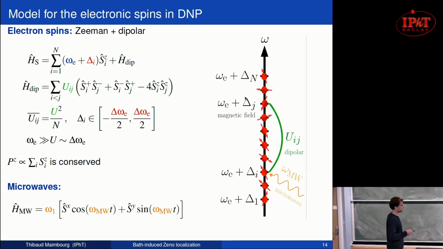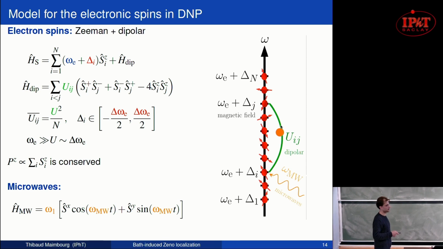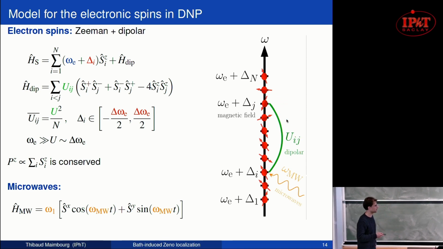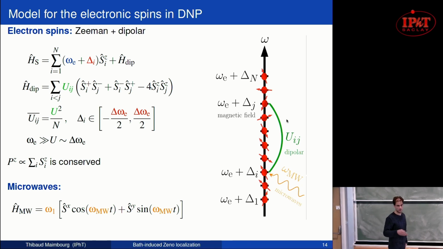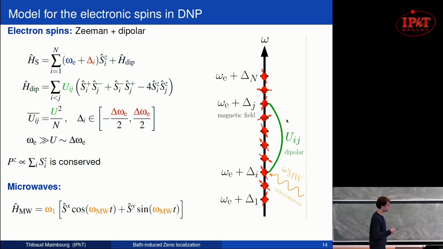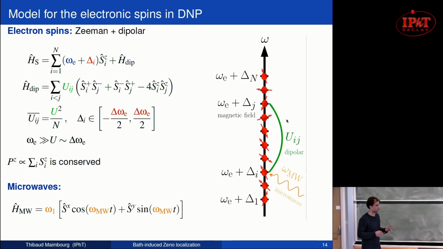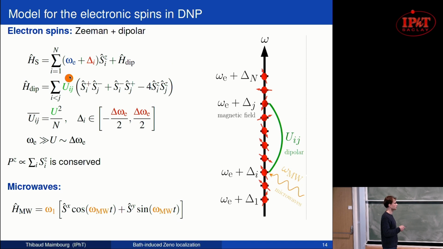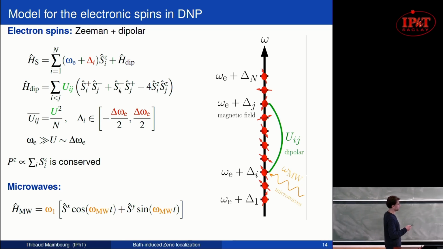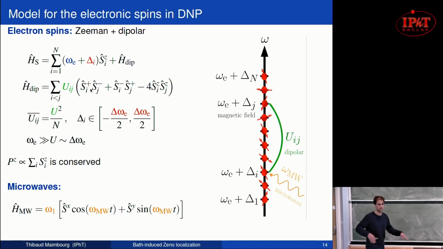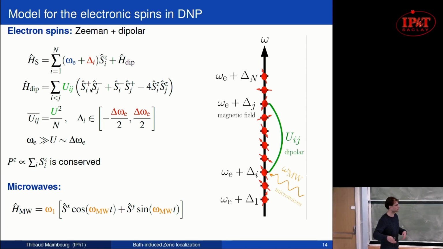And then on top of that, the electron spins interact with each other, otherwise there wouldn't be any thermalization, through dipolar interactions. When you have a strong magnetic field, it becomes of this form. So this is basically a spin flip Hamiltonian, and again, the dipolar interaction depends on the distance between spins.